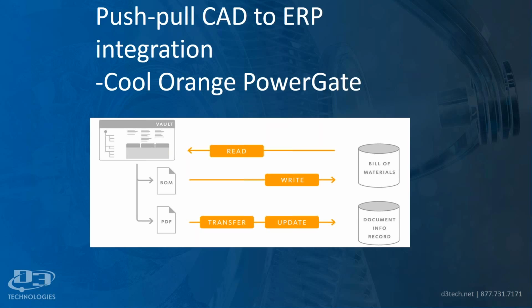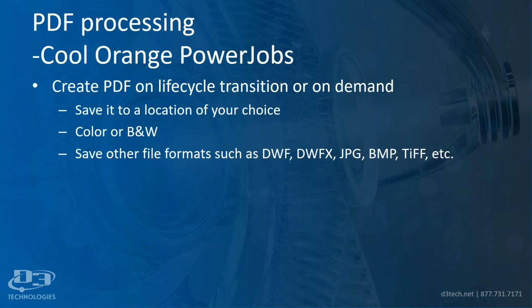So the next on the agenda is Cool Orange's PowerJobs, basically creating PDFs. Cool Orange has also developed an application called PowerJobs that is built into Vault. With PowerJobs, users can create PDFs on a lifecycle transition, or send it to a network folder, or both.